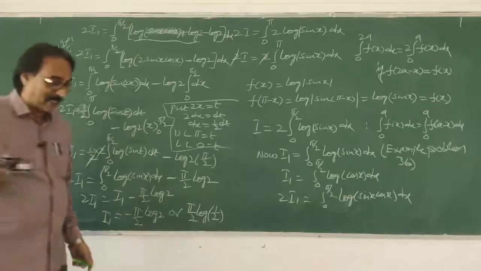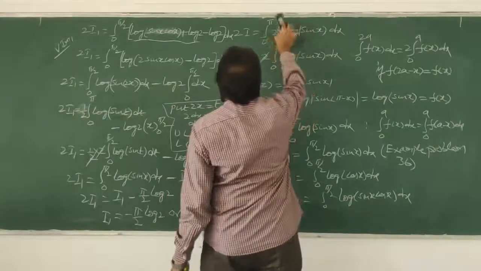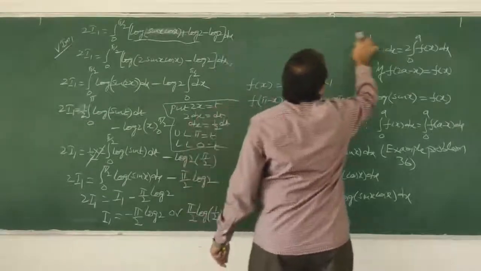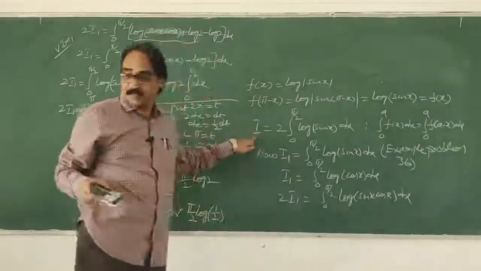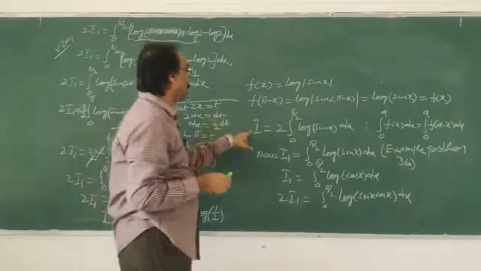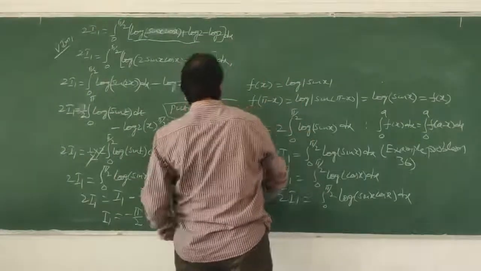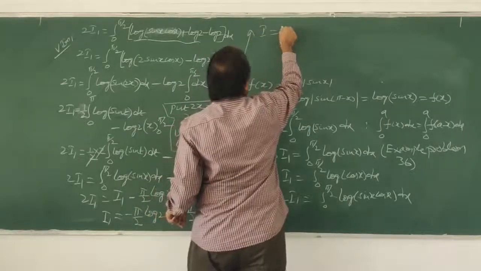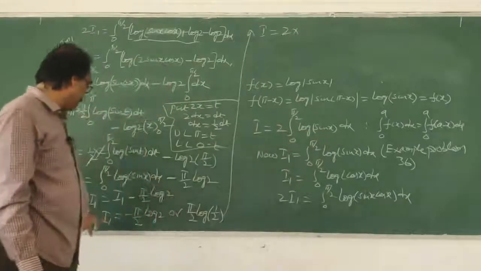So finally, where is this problem now? Here. I only got confused. So finally, continuation: I is equal to 2 into integral 0 to pi by 2 of log sin x. How much did you get?